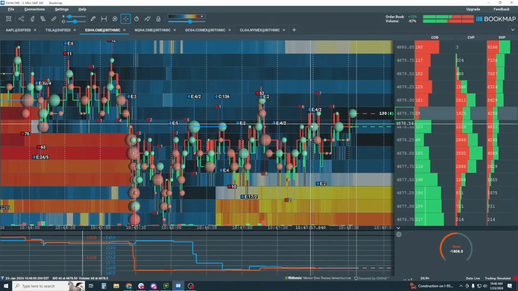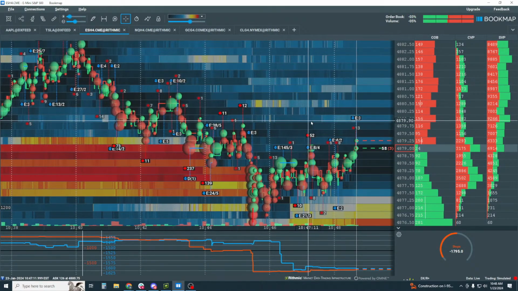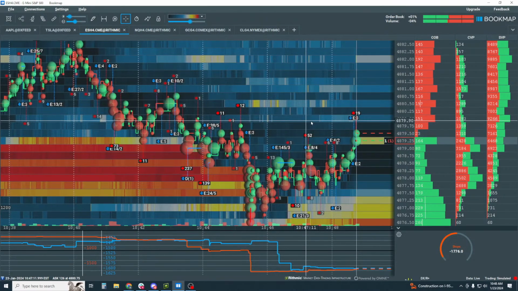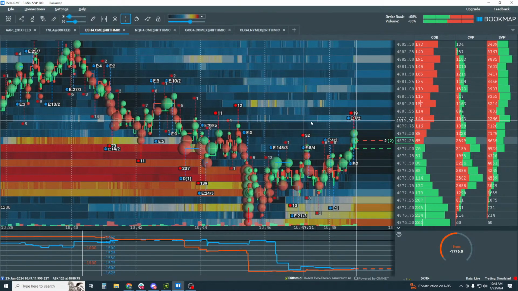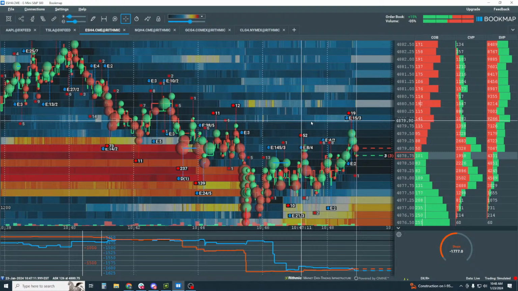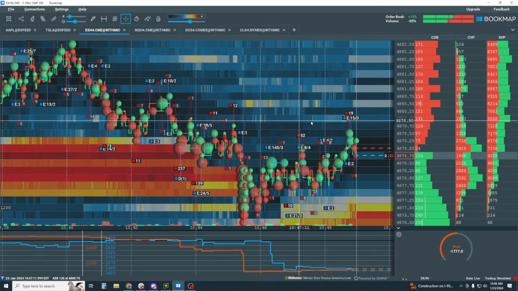But a bank trader who trained me called it the barroom brawl. Basically the buyers and sellers are battling it out, and we're going to see the victor here at a certain point.